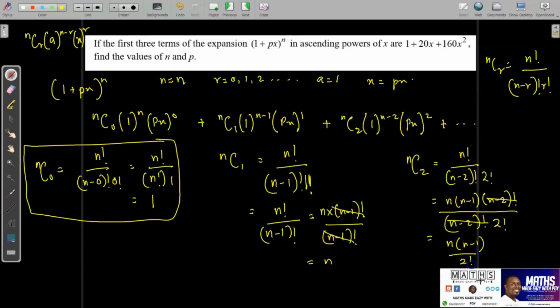Thank you. Can you guess what n combination 3 would have been? Look at it carefully. Yes, n times n minus 1 times n minus 2 all over 3 factorial. Perfect.